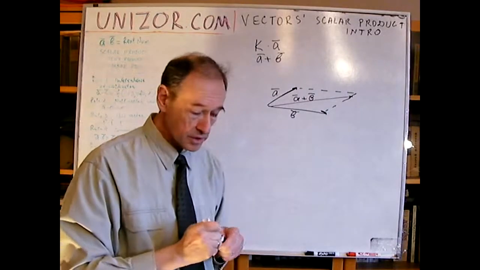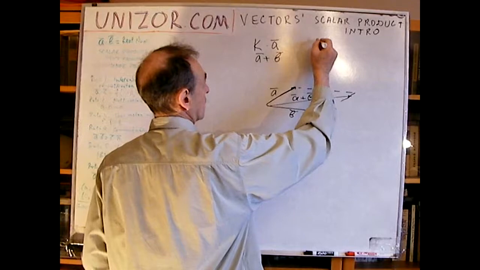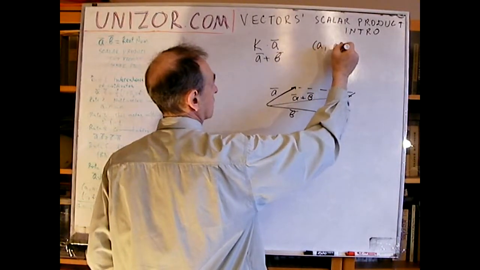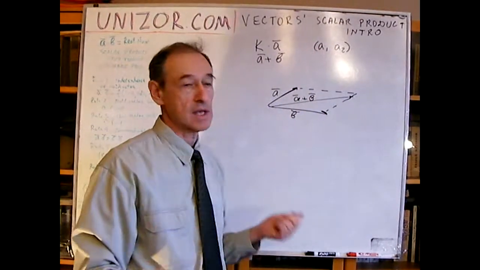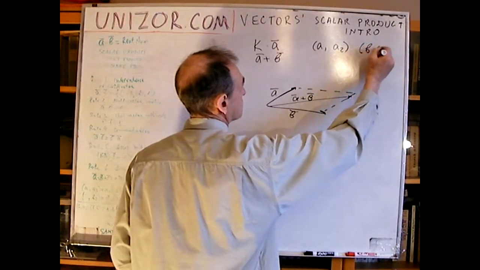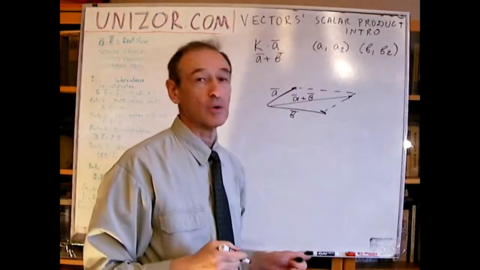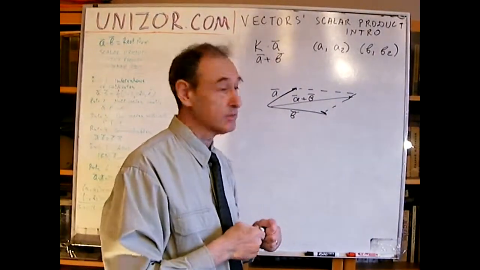Now, in coordinate form, if you remember, if A is in two-dimensional case represented as A1, A2, and B is represented as B1, B2, their coordinates, x coordinate and y coordinate of the endpoint of the vector.